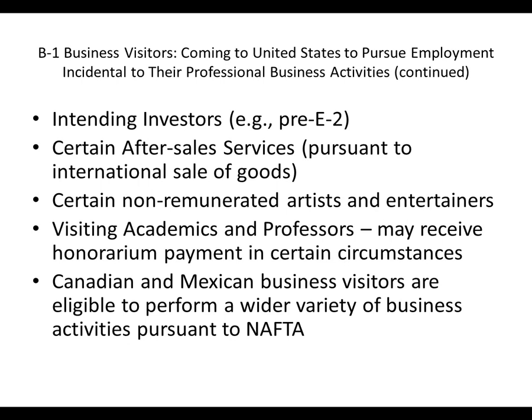But if they're coming, for example, to perform just the recording for maybe a new album, and that album will be only distributed outside of the U.S., or they're coming in for a very limited purpose, then the B1 may be acceptable. Otherwise, the other appropriate categories may be the O1 or the subcategories of the P or the Q.